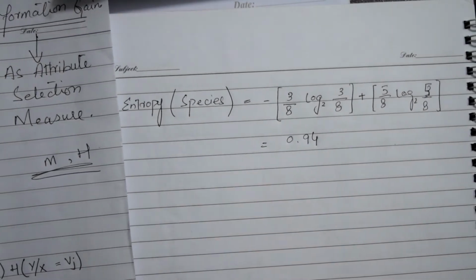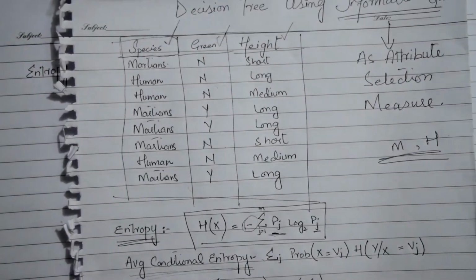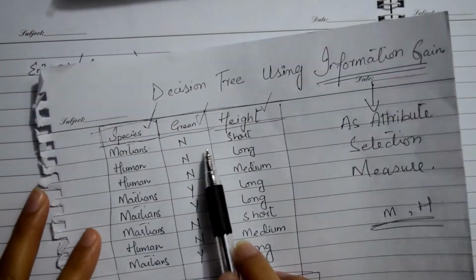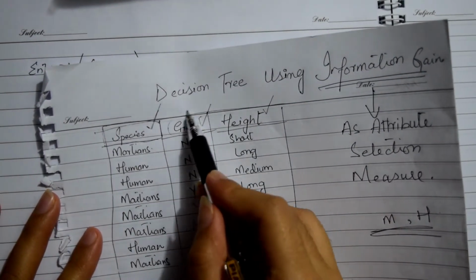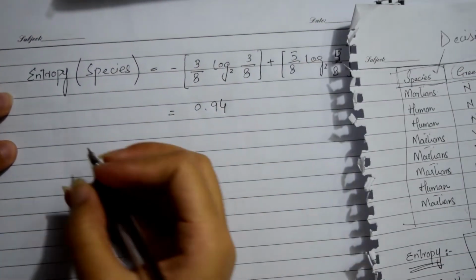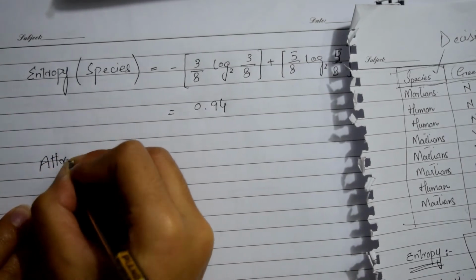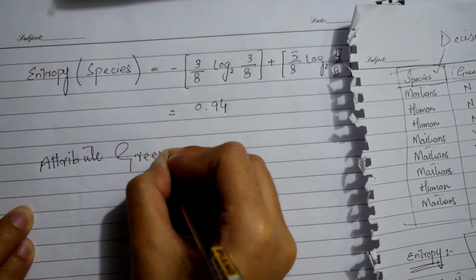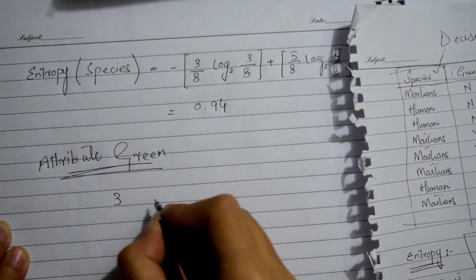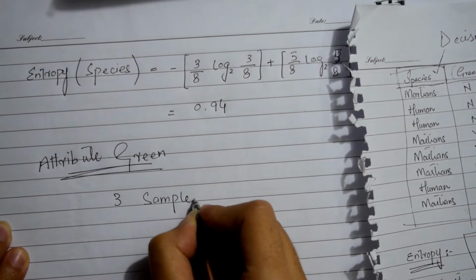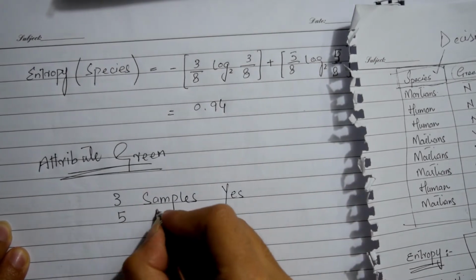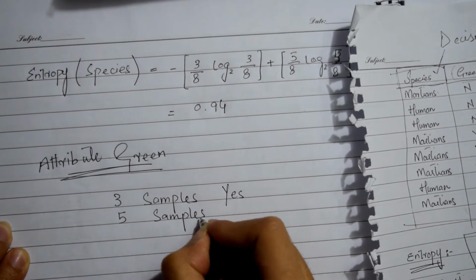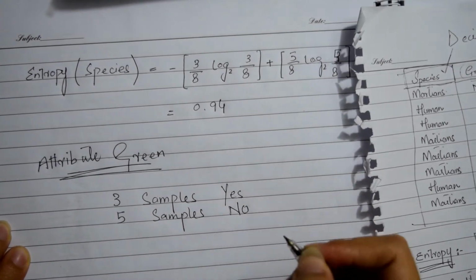Now we have to calculate the average conditional entropy for the columns green and height. First we are going to calculate for green. We have 3 samples which say yes, the color is green, and 5 samples which say the column is not green.